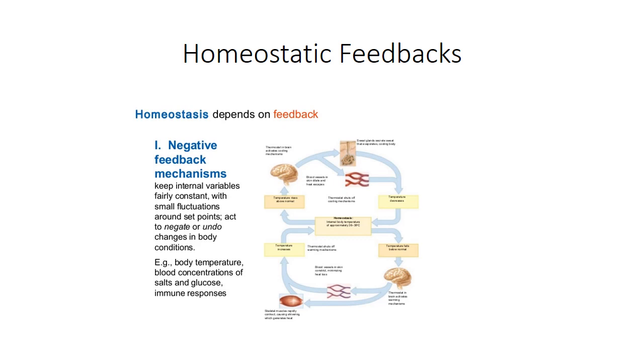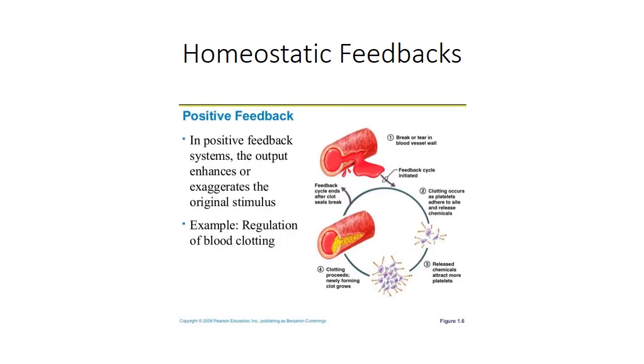Then some, very few actually, homeostatic feedbacks are positive, meaning that when there is a change in the homeostasis, there are mechanisms that increase this change, so they stimulate further change. For example, this slide shows you blood clotting.